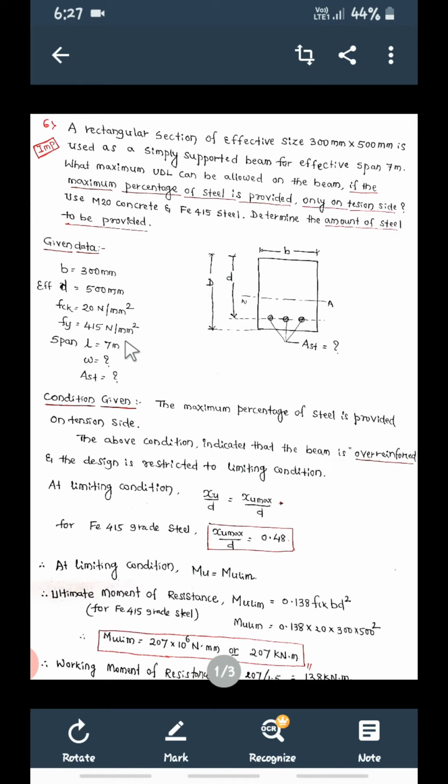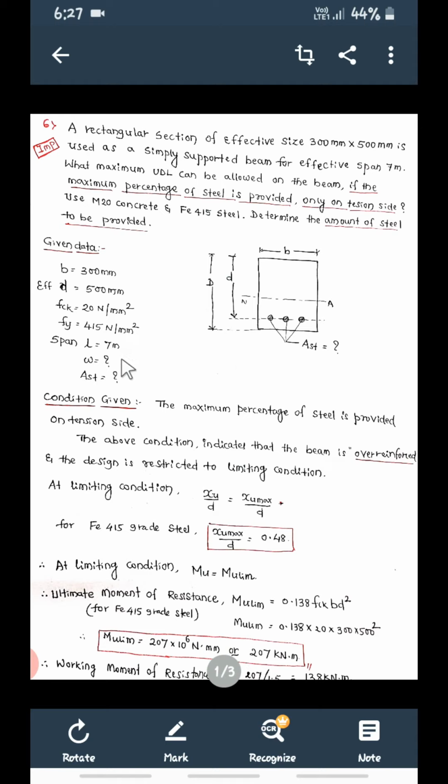Okay, so whatever problems we have solved till now, all these problems will be considered as type 1 problems. So try to understand what type 1 problems are and what you need to find out here. Here the size of the beam will be given, the grades of concrete and grades of steel will be given, and sometimes the load will be given.